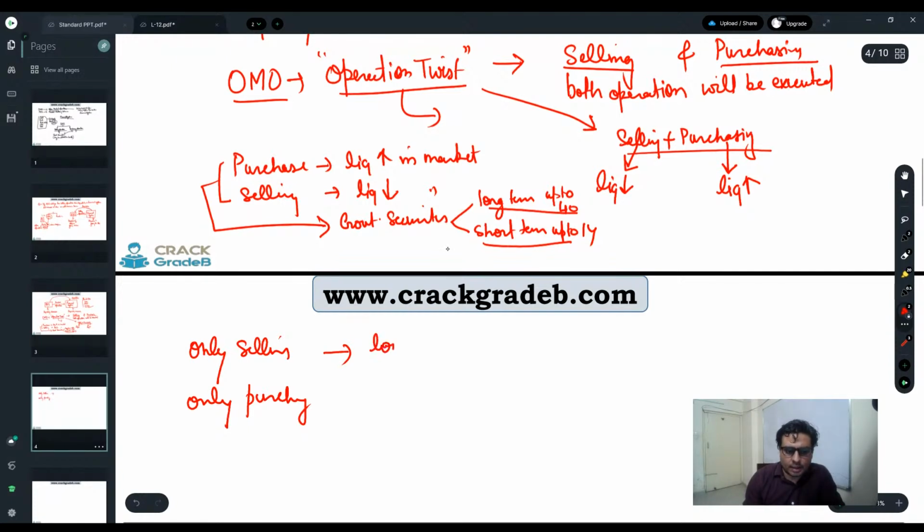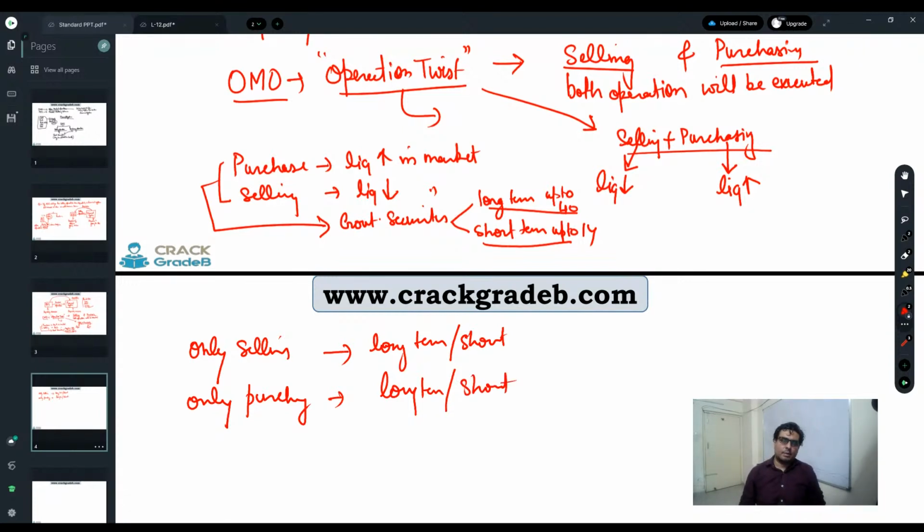Either it can go for selling of long term or short term. Doesn't matter. Whereas if RBI is purchasing, again, it can be long term or short term.